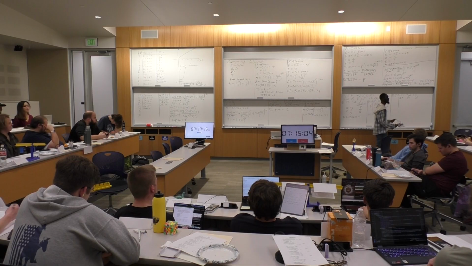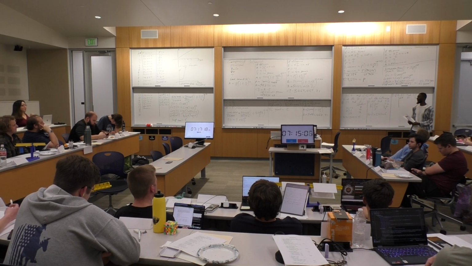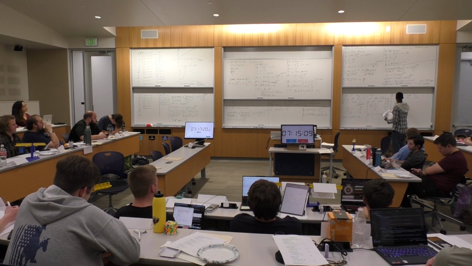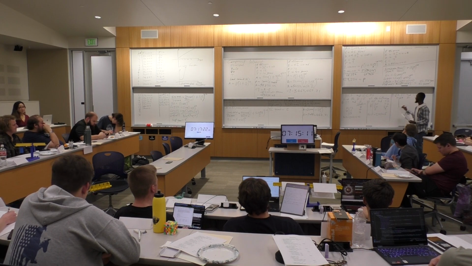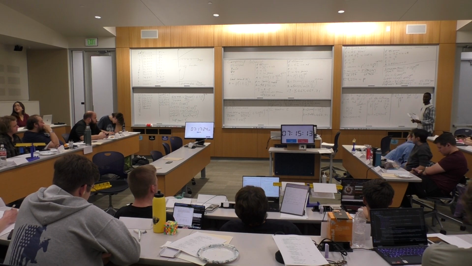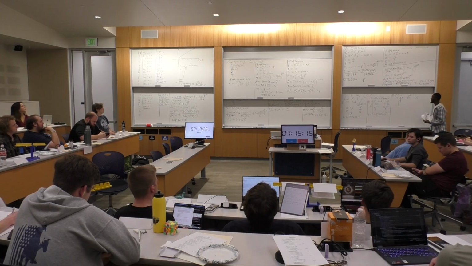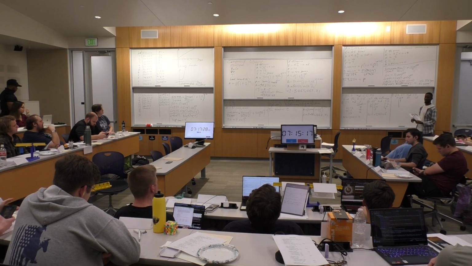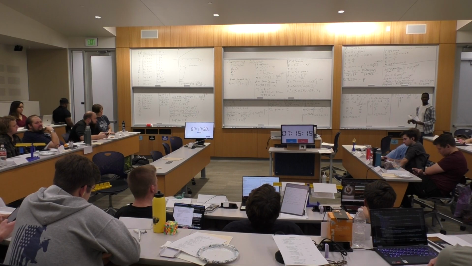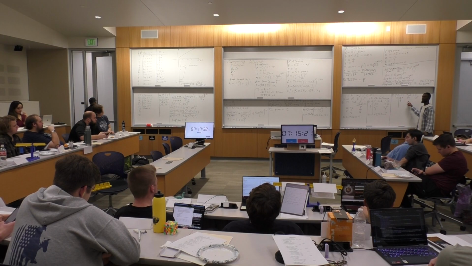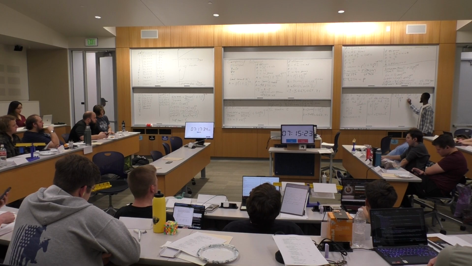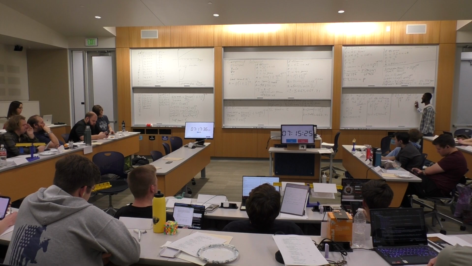Can 3 divide through? If you divide by 3, here we have 9, 27, and 6.